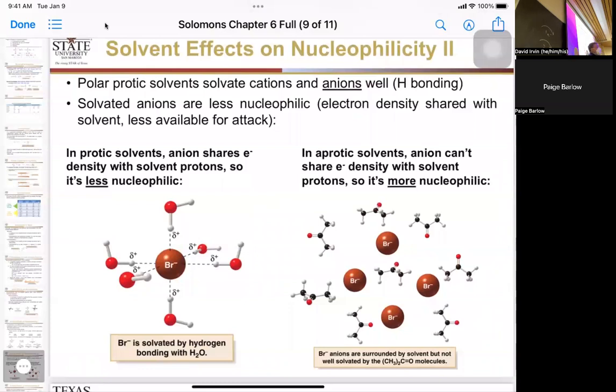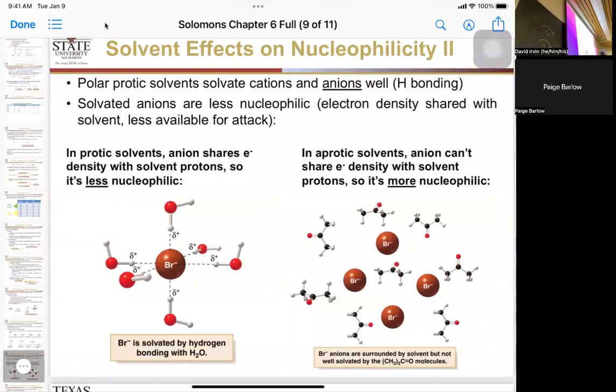We talked about that in our ion-dipole or ion-hydrogen bonding interaction. But what if you had a positive charge? Well, you have lone pairs hanging off these. These can act as stabilizers for a positive charge. So it can solvate both positive and negative ions. That's important.